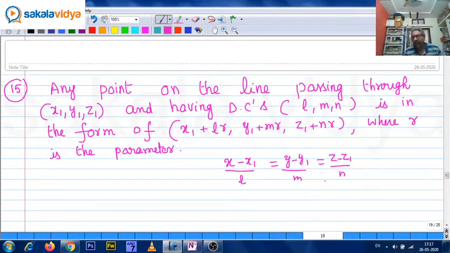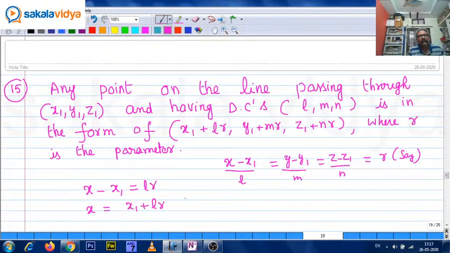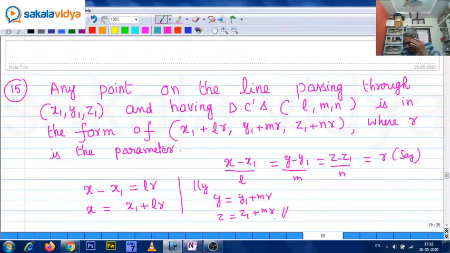Suppose this ratio is some value R. Then we get x minus x1 equals L into R, LR. So we can write x is equal to x1 plus LR. Similarly, we get y is equal to y1 plus MR, and z is equal to z1 plus NR. That's all. Understood now? Okay.